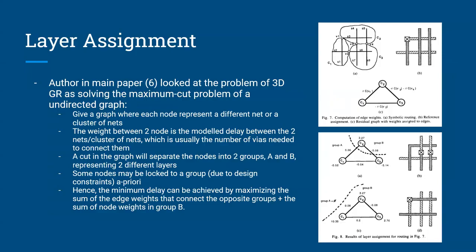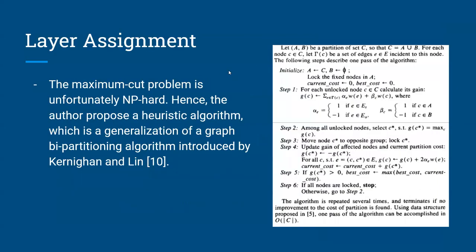Hence, the minimum delay can be achieved by maximizing the sum of the edge weights that connect the opposite groups plus the sum of the node weights in group B. However, the maximum cut problem is NP-hard again. Hence, the author proposed a heuristic algorithm, which is a generalization of a graph bipartitioning algorithm produced by Kernighan and Lin.